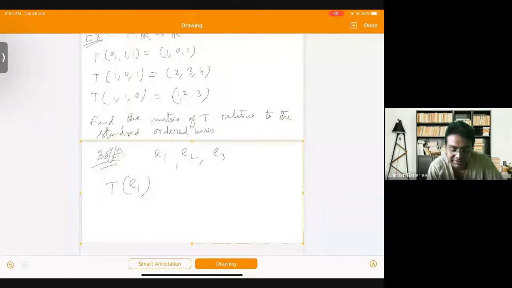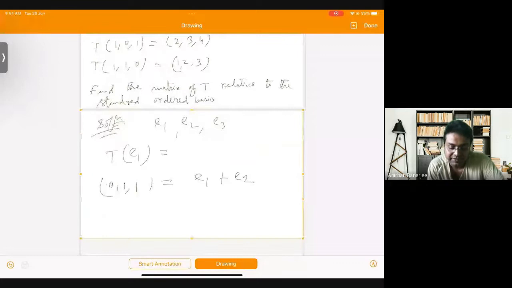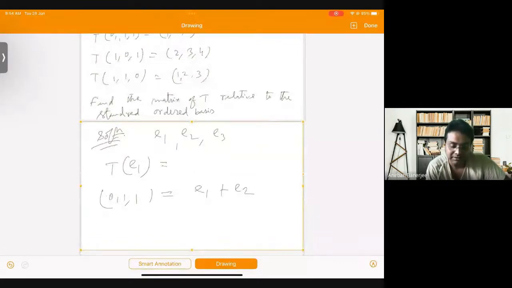So what is given: 0, 1, 1. We express this as a linear combination of E1, E2 and E3. Let's say we write this as X. Sorry, I made a mistake.